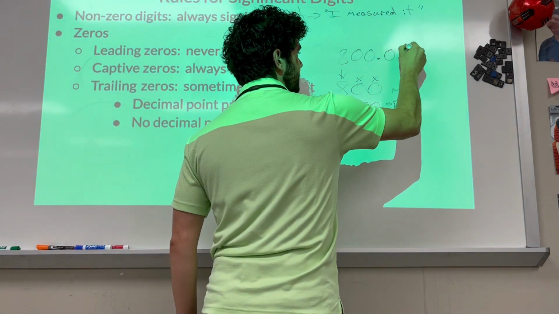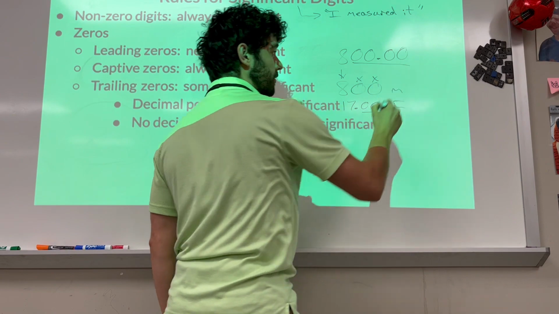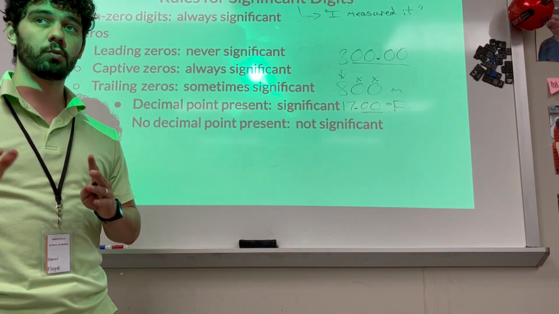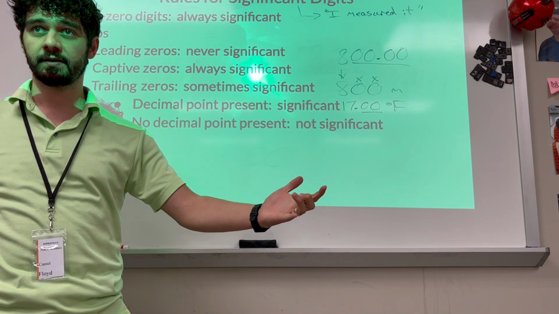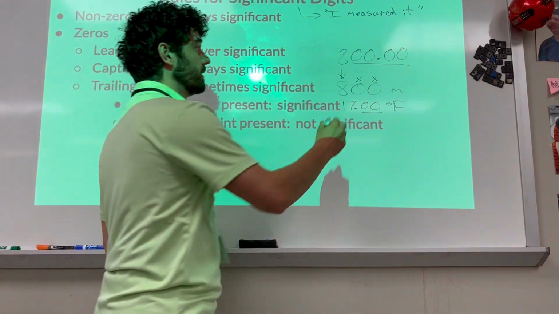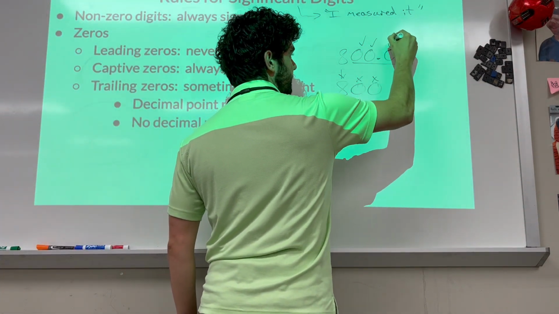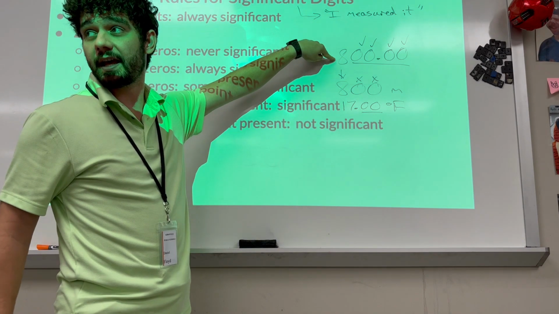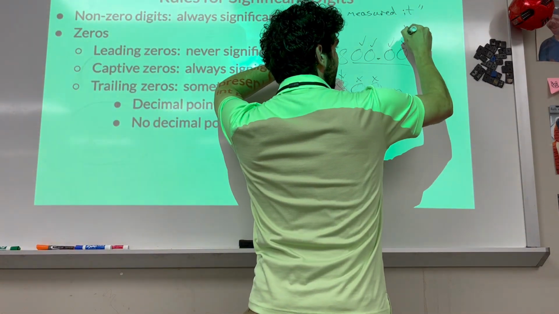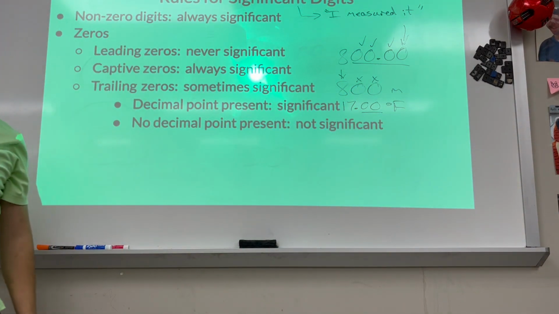If I do this, all of these are trailing zeros. It does not matter where the decimal point is, it matters, is there a decimal point? If there's a decimal point, this is part of my measurement, this is part of my measurement, this is part of my measurement, this is part of my measurement. So this number communicates that my instrument is so fancy, it can measure to there.